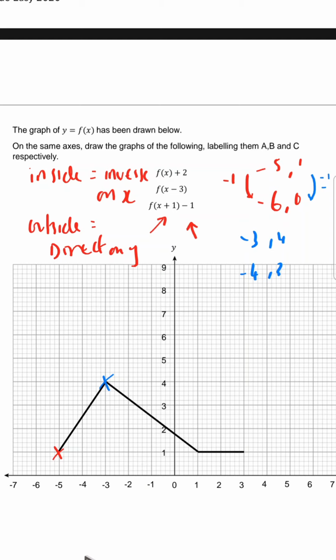So let's put in 6, 0 first. So 6, 0. And then we got minus 4, 3. Okay, then we got the next one, which is 1, 1. And that becomes 0, 0. And then we've got 3, 1, which becomes 2, 0.